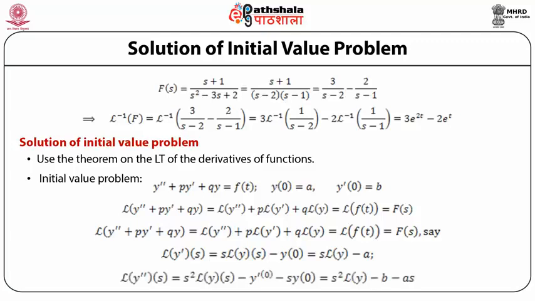Another, Laplace of y double prime of s is equal to s square times Laplace of y of s minus y prime of 0 minus s times y of 0. This is simplified to get s square times Laplace of y minus b minus as.